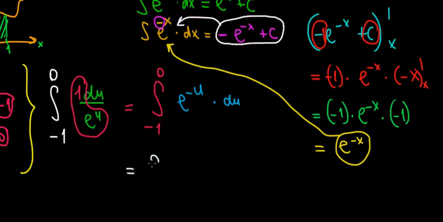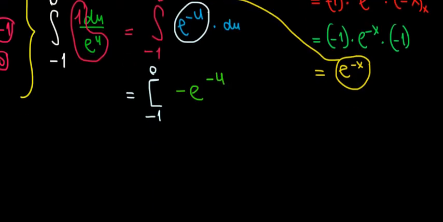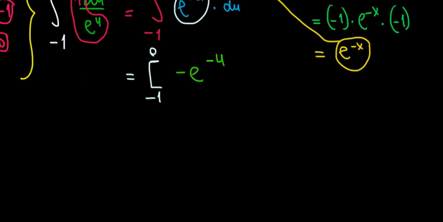Now we are solving the definite integral, so we'll have these boundaries between minus 1 and 0, and the result of e to the power of minus u is going to be minus e to the power of minus u. Yes. Now we have a constant there. That's minus 1 times e to the power of minus u.